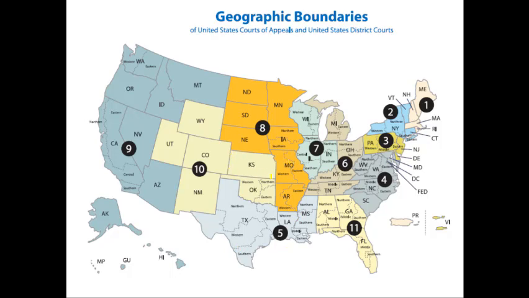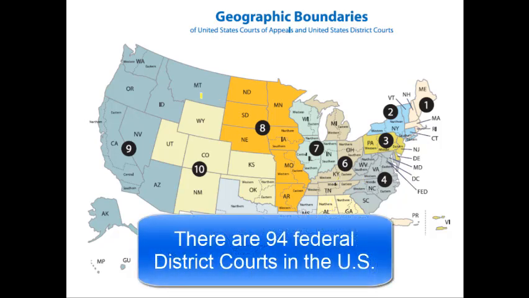Obviously, Kansas is one particular district court boundary. Wyoming, one particular district court boundary. Over here, as we get further into the east, we see Ohio is broken up into a couple of district courts. Pennsylvania is broken up into 3 or 4. So what we have is 94 district courts spread out around the United States.